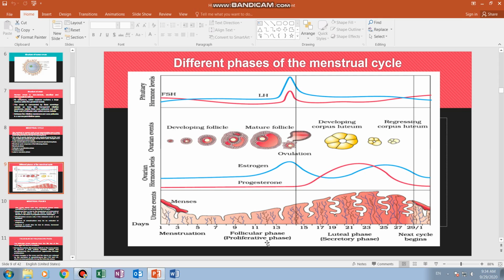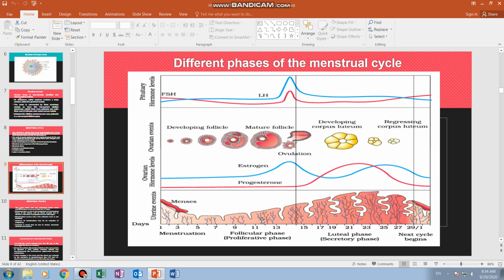It refers to the growth of the follicles, and during this phase FSH and LH levels increase. Another change is that the endometrial wall, which was degenerated during menstruation, gets regenerated during this follicular phase.